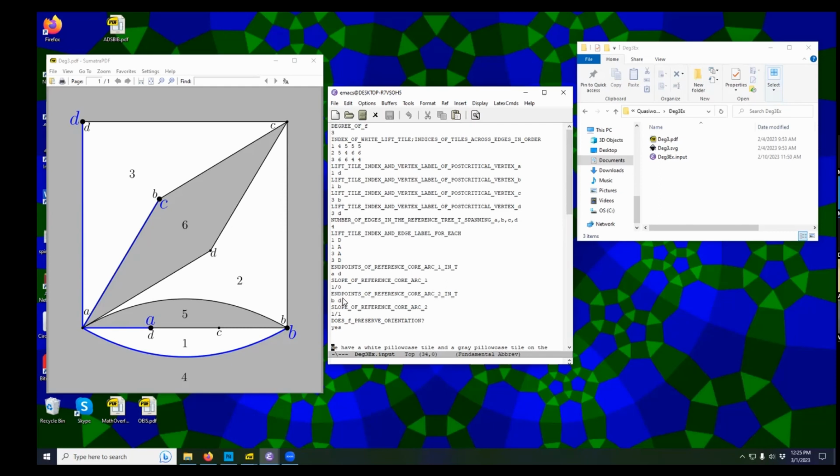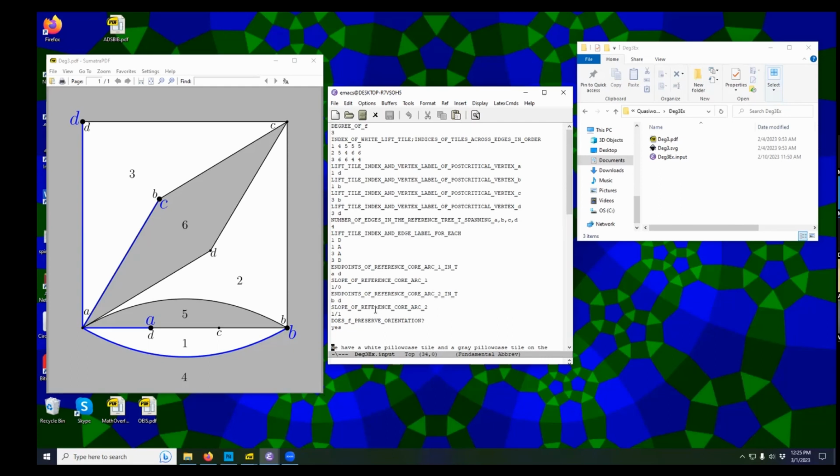Similarly, we chose the core arc with endpoints B and D. Yes, those 2 edges give us a core arc with endpoints B and D, and we choose its slope to be 1. And so this is essentially to find the image pillow inside of the pre-image pillow.